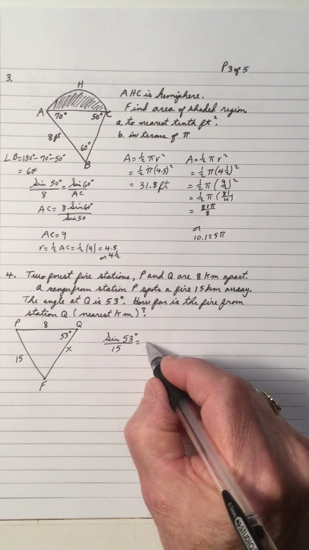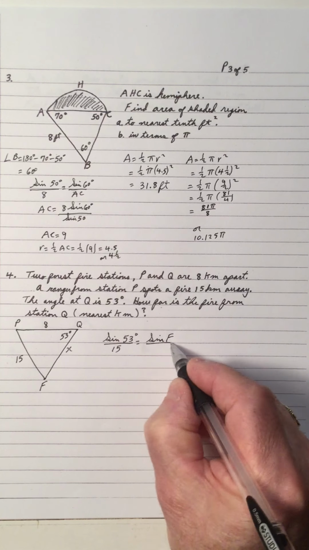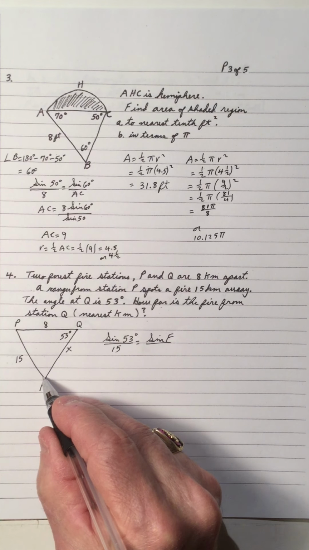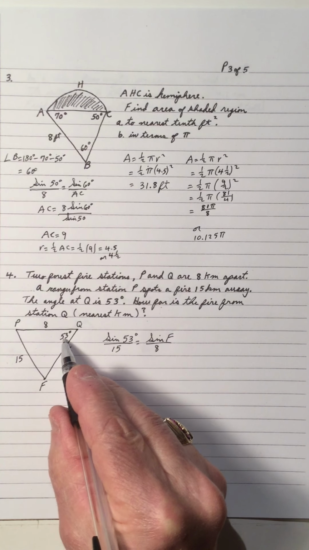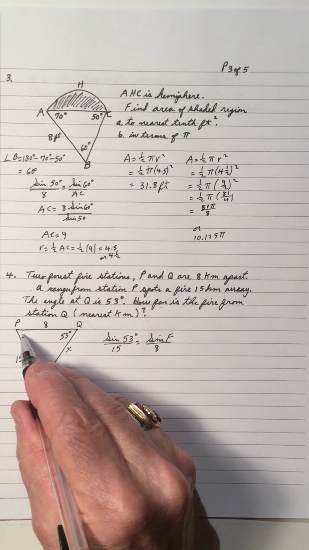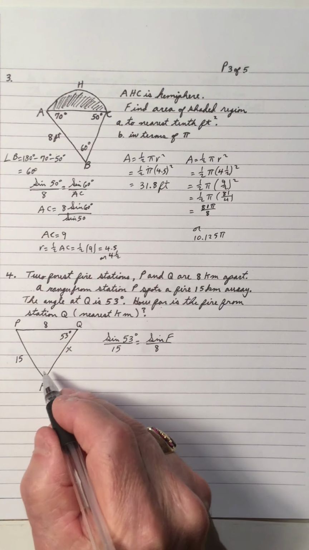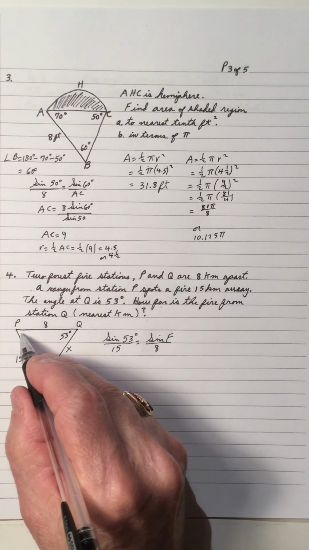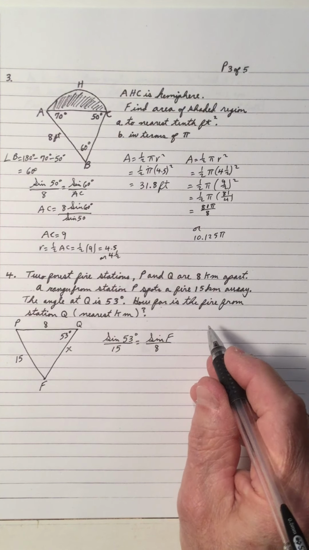So what we'll do, we'll find what this angle at F is first by using this 8. So the sine of 53 over 15 is the sine of F over 8. I can't get this distance here because I don't have this angle. So I've got to get this angle F first, then get this angle, and then we'll be able to get what x is.